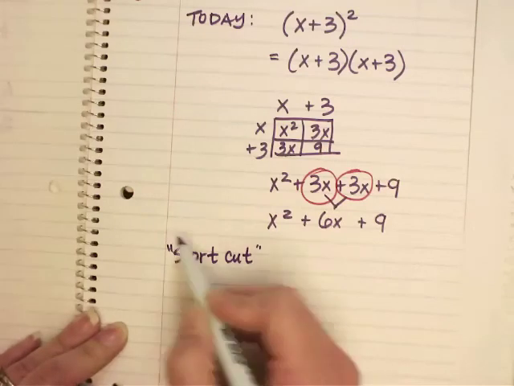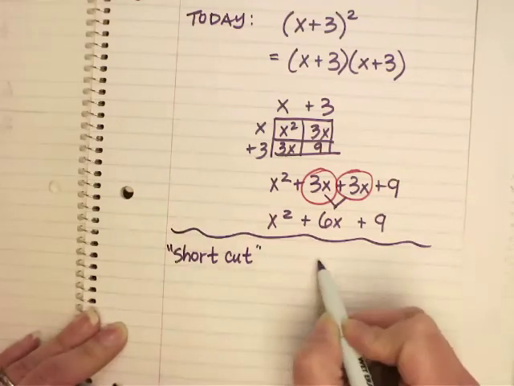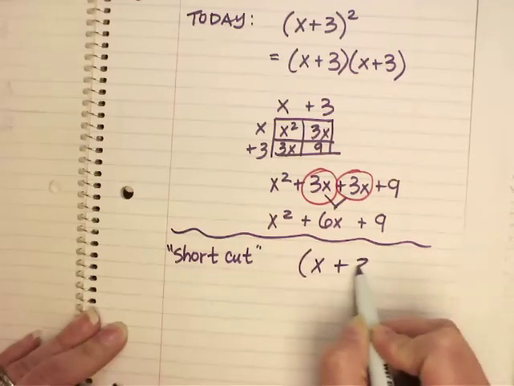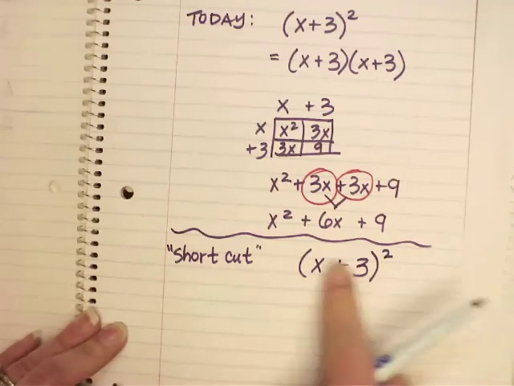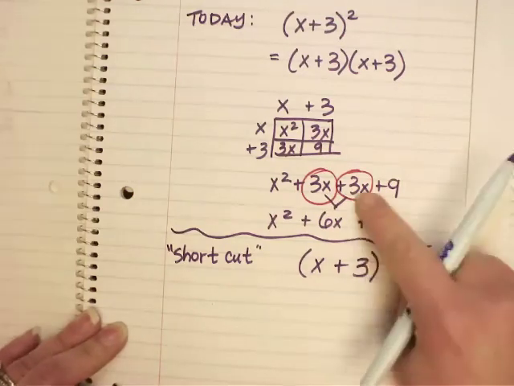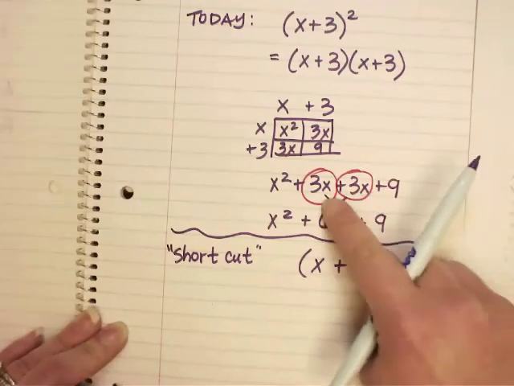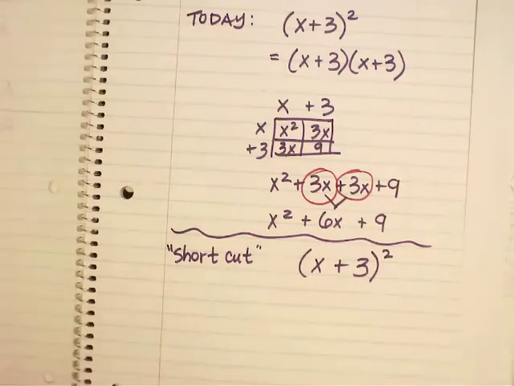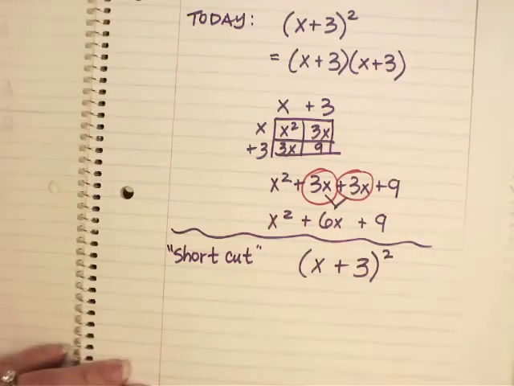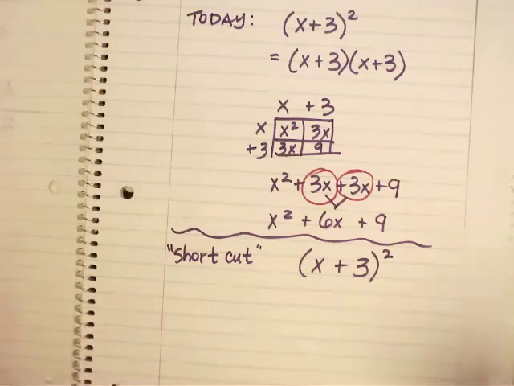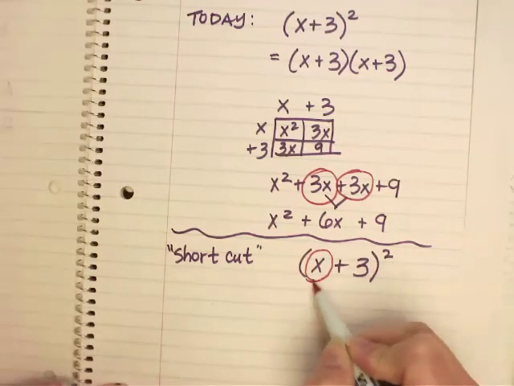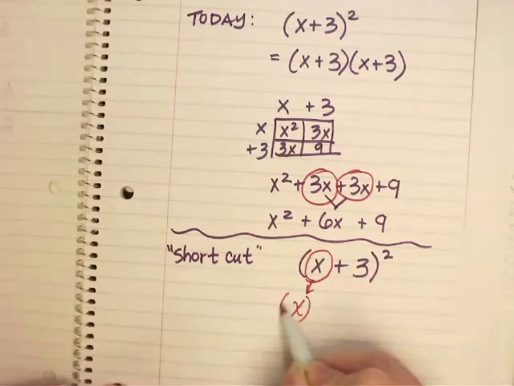So to shortcut this, we're going to take our x plus 3, and since we know it is a binomial squared, and we notice this pattern that there's a double in that middle portion, we're going to start at the beginning, take the first and square it. First squared would be my x squared.